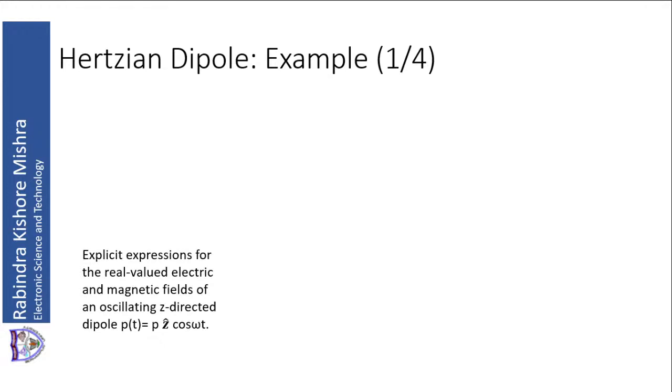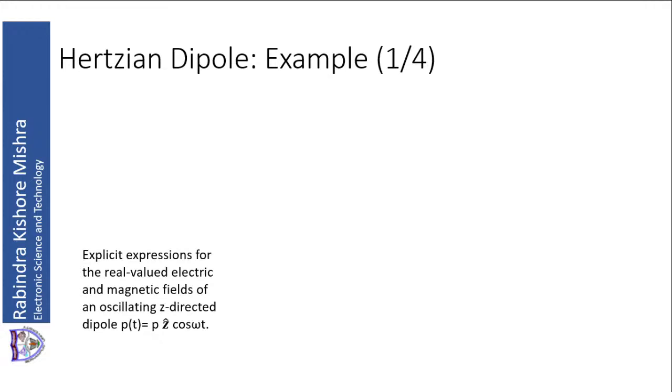It is oscillating, therefore it is varying with time, because oscillating means at t equal to 0 the dipole will be at some position, and at t equal to T by 4, where T is the time period, they will change their position. At T by 8 they will change their position. So then at T they will change their position. Therefore it is a function of time.